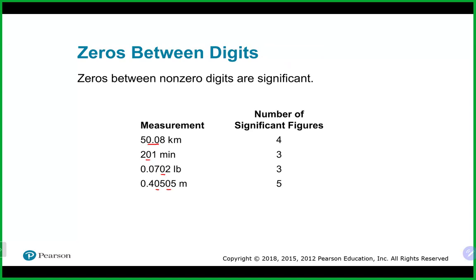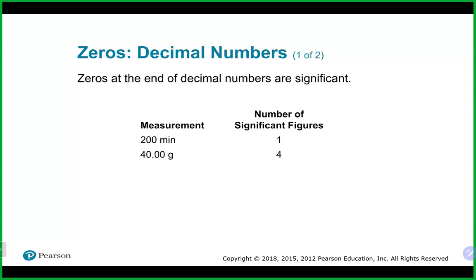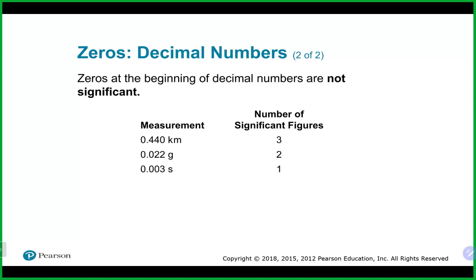The only zeros here that are not significant are these leading zeros here and here as well. All the other zeros should be significant. And again, no decimal versus decimal is going to make those zeros significant. All right. Any questions on how to count significant figures?